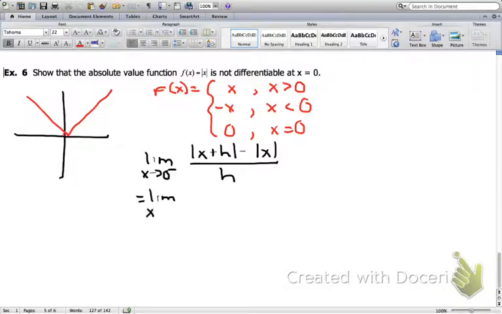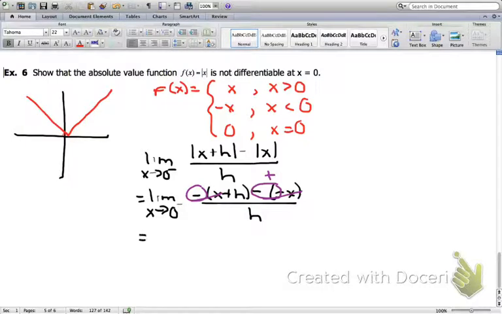So this will be equal to the negative of x plus h, minus negative x, all over h. When we look a little bit further, the two negatives make a positive, and we have a negative x, so those are going to cancel out with one another. What we'll be left with is negative h over h.